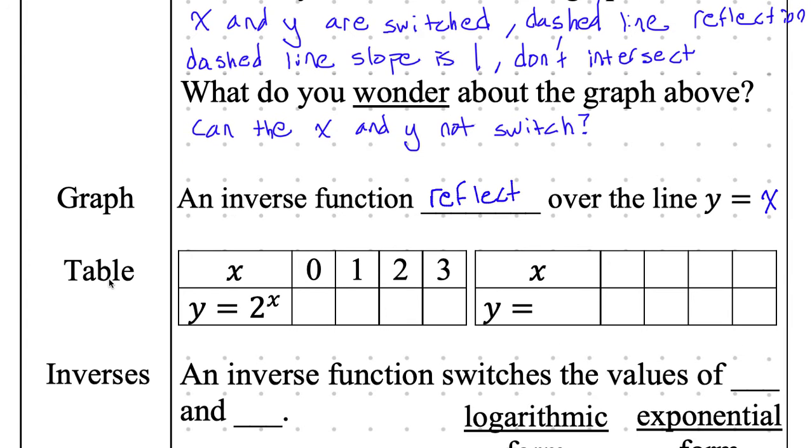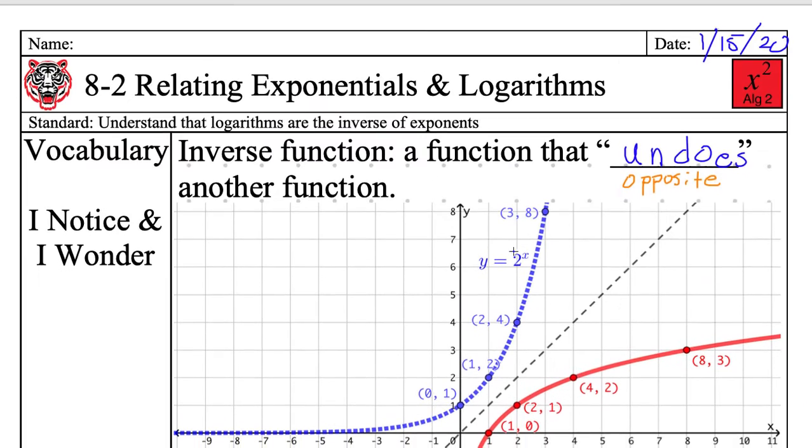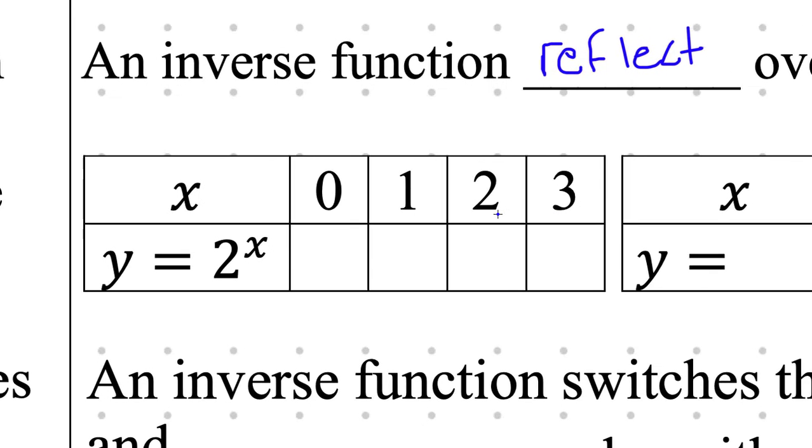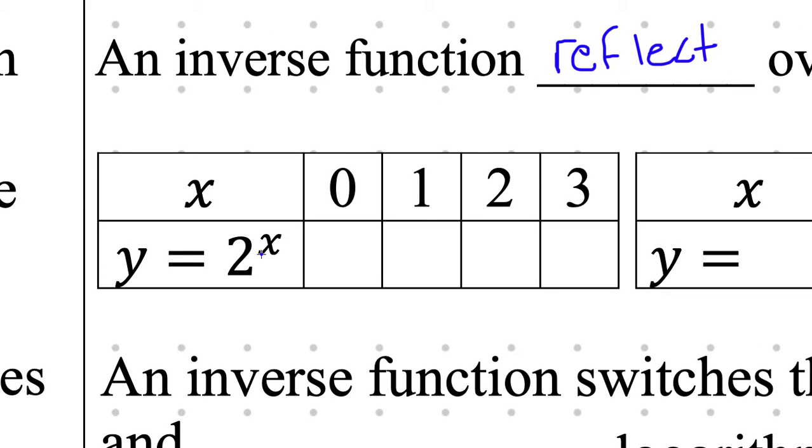All right, so with a table, it's even easier. Here we go. So I gave you the equation y equals 2 to the power of x, and you see that right here. In this table, if I plug in 0 for x, 2 to the power of 0, anything to the power of 0 is 1.